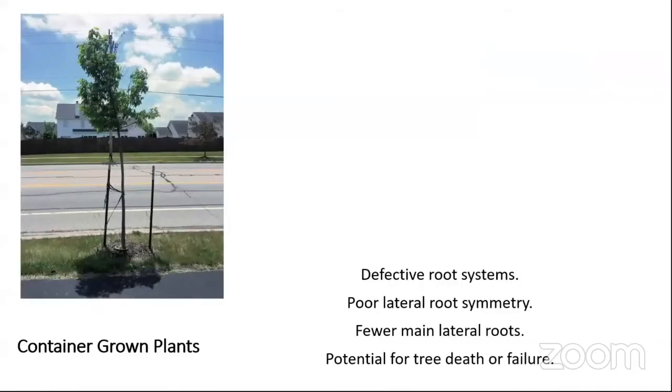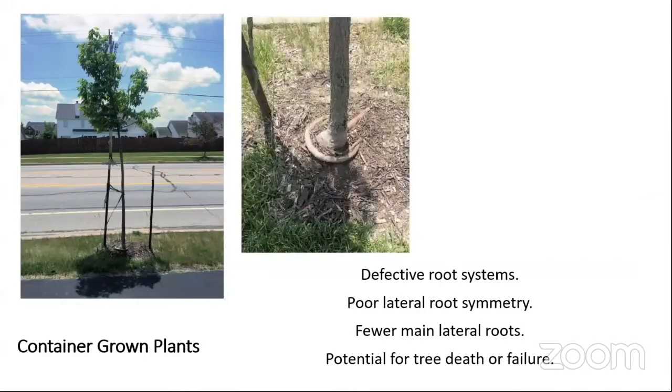Container grown plants, as you see, this is one that I found in West Lafayette that did not have any type of root treatment in order to prevent these defective root systems. What we have is basically a continuation of that growth. We get poor lateral root symmetry. We don't get the roots growing out into its new home, looking for new resources as far as nutrition and water.